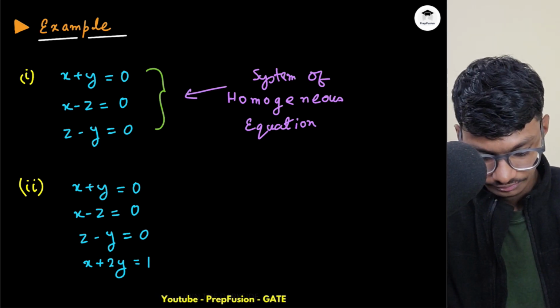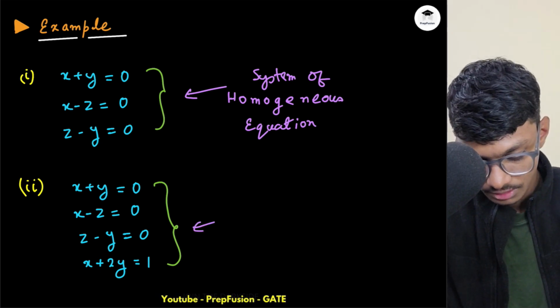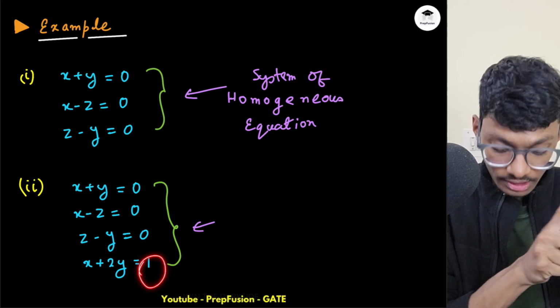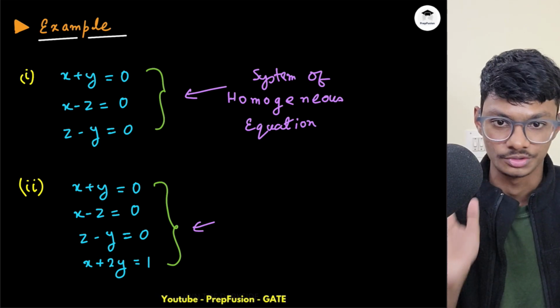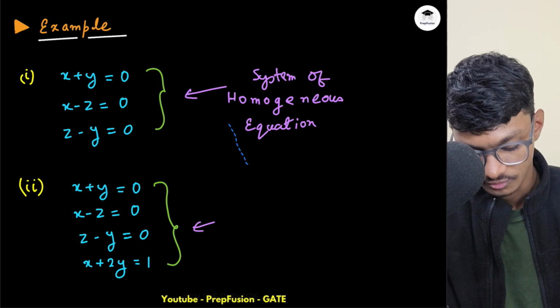And in this case, as we can see, at least one element on the right hand side is non-zero, hence this will not be a homogeneous equation anymore. This is called a system of non-homogeneous equations.